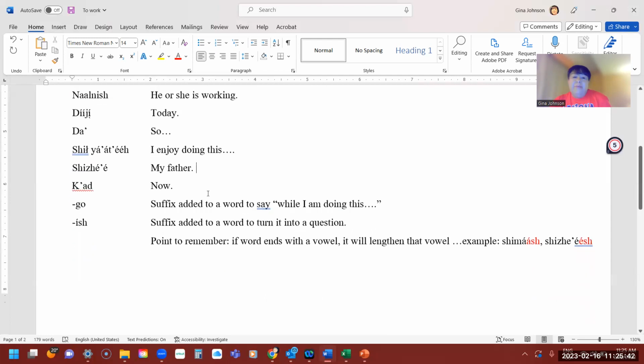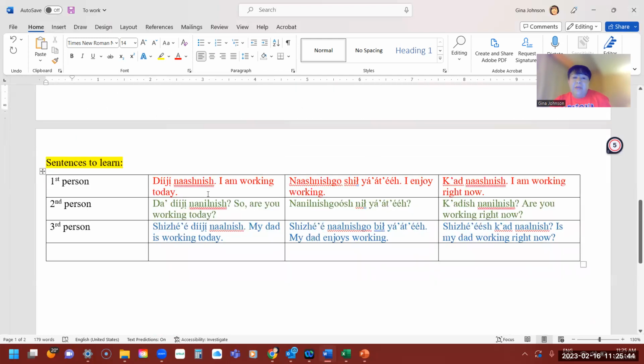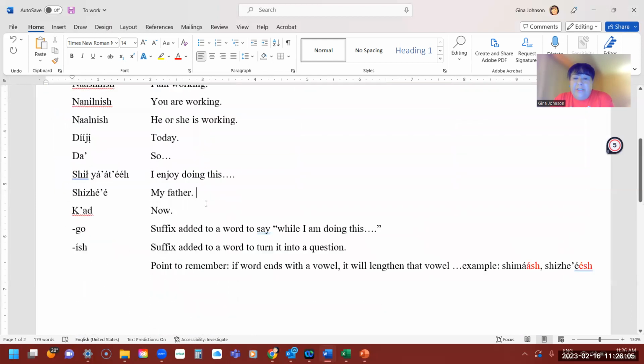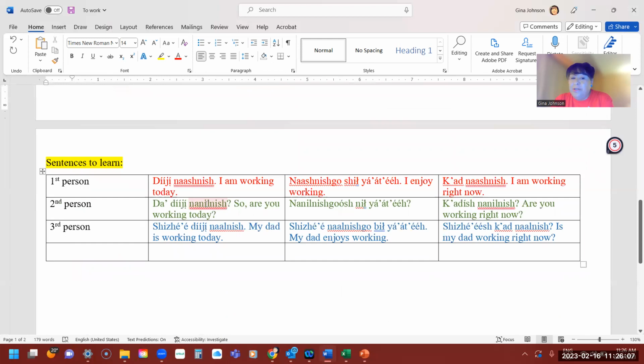But what I'm giving you here is something that you can try to learn on your own. Notice that I put this in red, first person, to refer back to this that you're talking about first person. Second person, third person. Those are the colors, so learn your colors. I'll do a video on that one too.